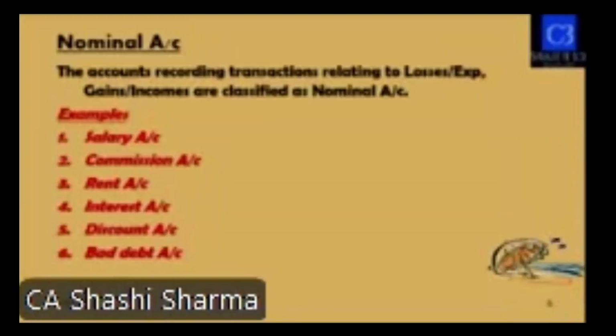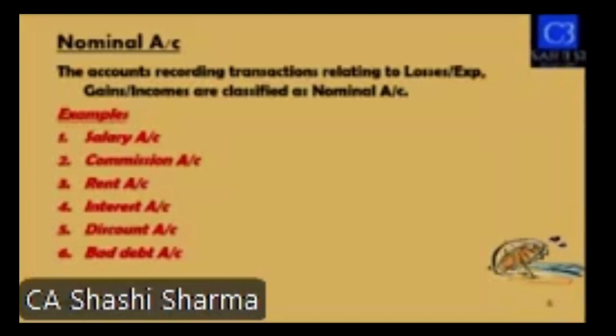On the other hand, if you are paying rent or commission or salary to your staff, then these are losses or expenses for you, and will be treated accordingly.